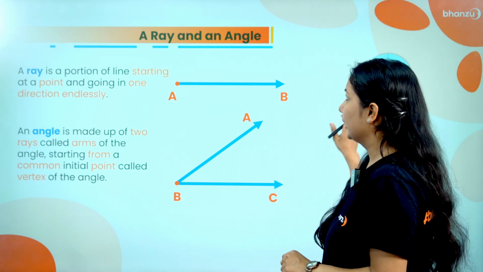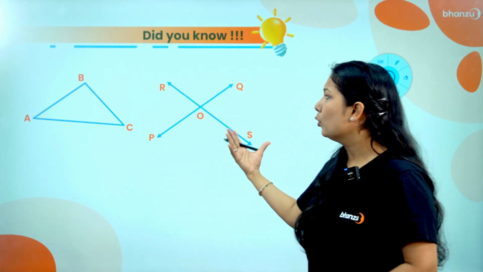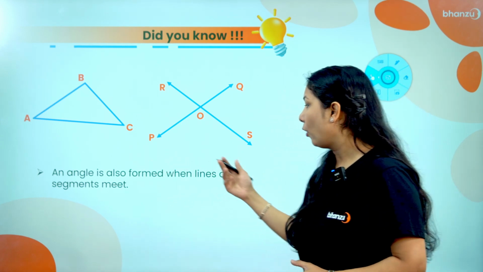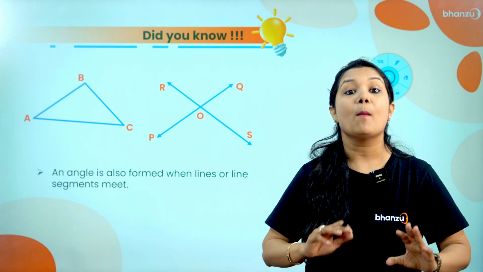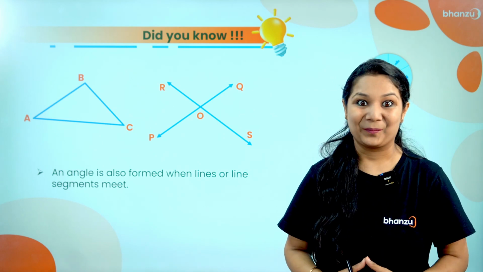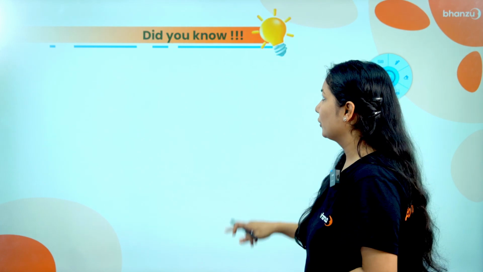Now I have an interesting question for you. Did you know that an angle is formed when lines or line segments meet? When two or more lines meet, you get angles, right? So now I have a very interesting question for you.